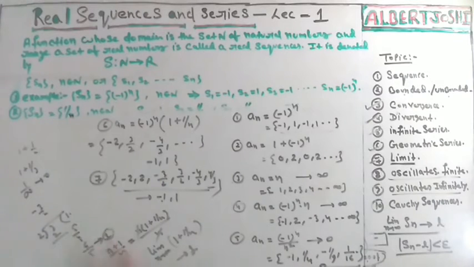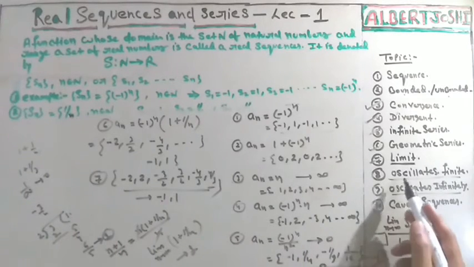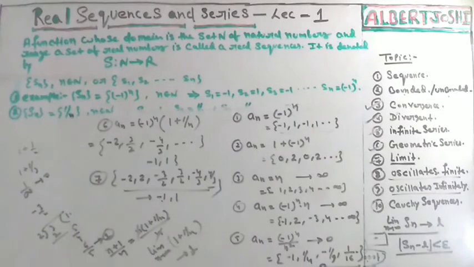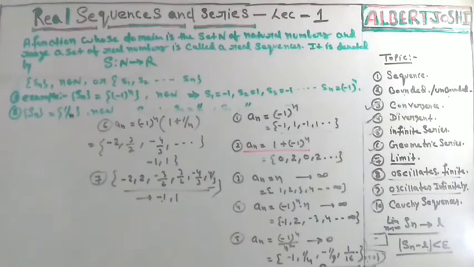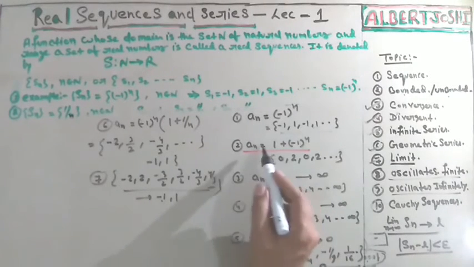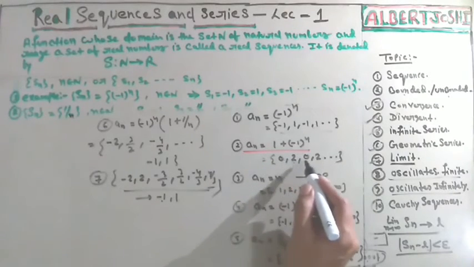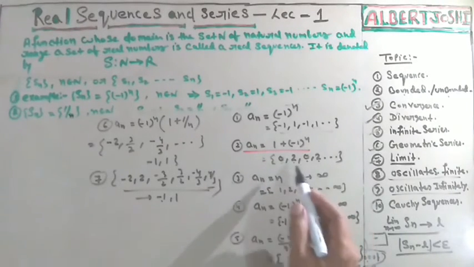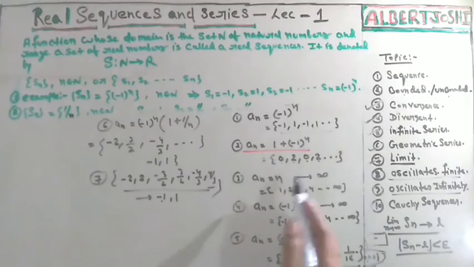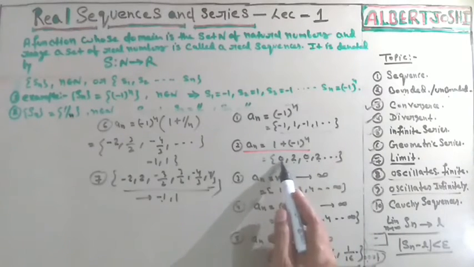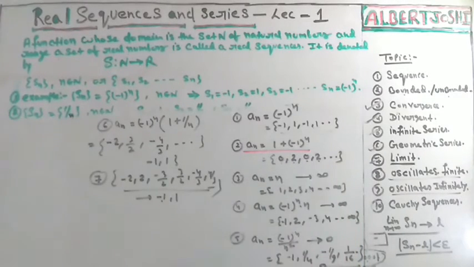Okay, now at last we will discuss oscillates finitely and oscillates infinitely. Okay, I am just erasing it. So now oscillate finitely. In this example you have 0, 2, 0, 2, 0, 2. So you are getting different values. At first you got 0, then 2, then 0, then 2.